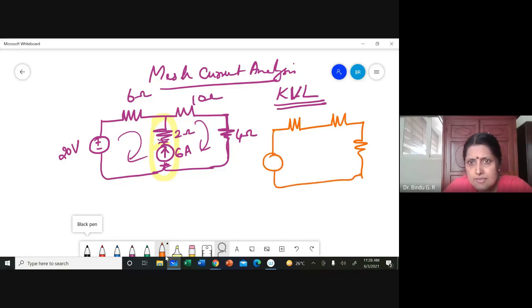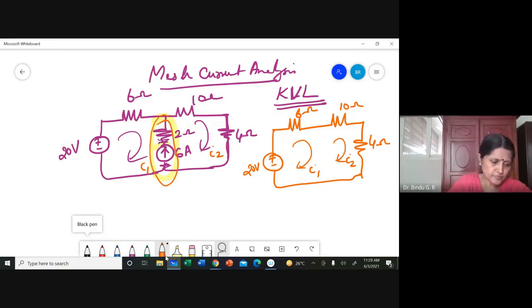This is 6 ohm, 10 ohm, 4 ohm, plus minus 20 volt. This much is I1. This much is I2. I eliminate this portion and then apply KVL. When I apply KVL, I am going from, it is a voltage rise, so it is minus 20 plus 6 I1 plus 10 I2 plus 4 I2 equal to 0.